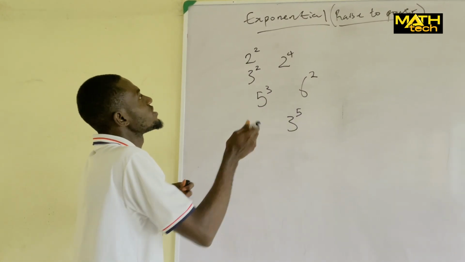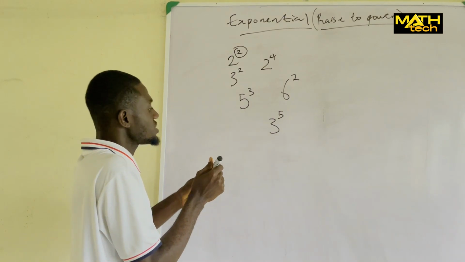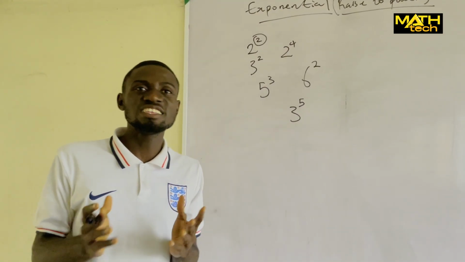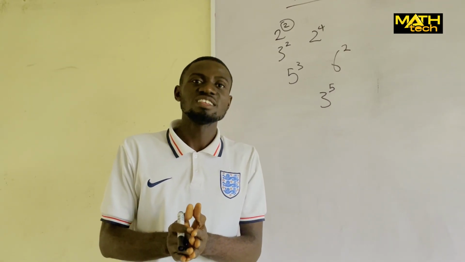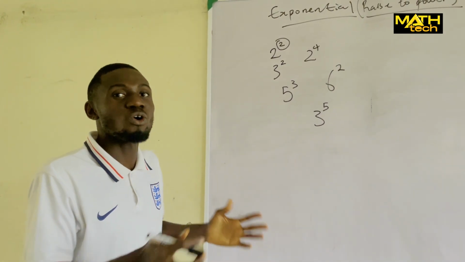Now these values up, which is the raised to power, are called the exponents, or the index, or the powers.